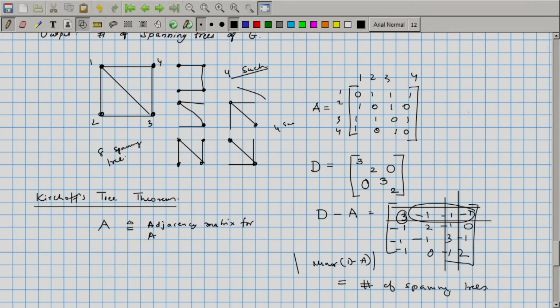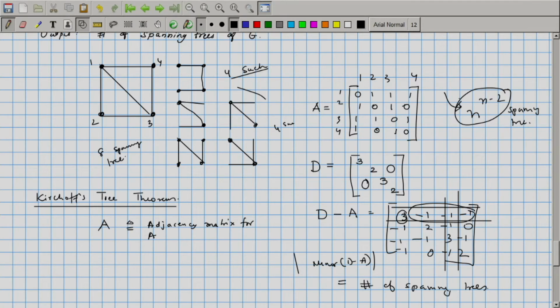If you take the complete graph, it will have n raised to n minus 2 spanning trees. So, it is a large number, but still that computation can be done efficiently. If we had taken each spanning tree and checked whether it is a spanning tree, then we would have to do a large number of computations. We do not have to do it because of Kirchhoff's tree theorem.